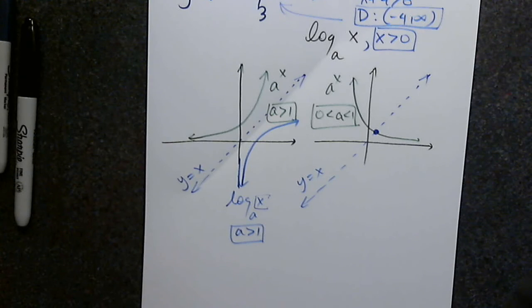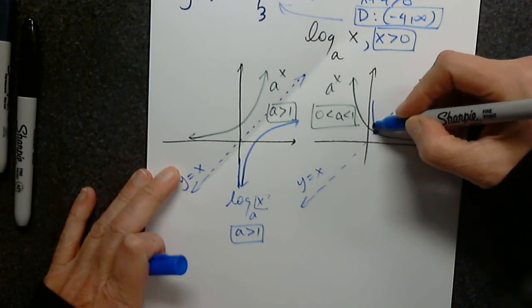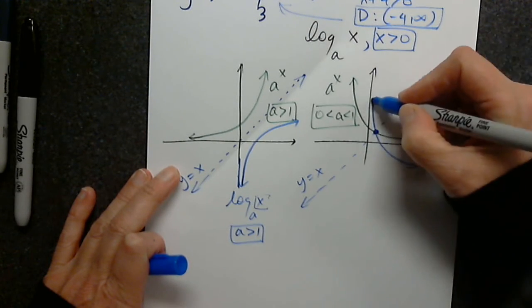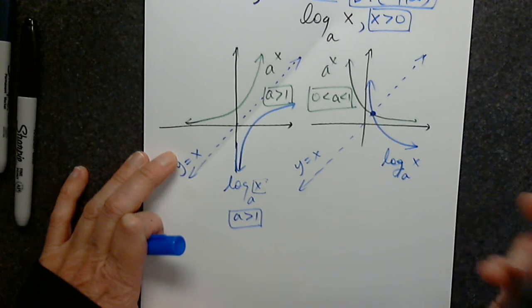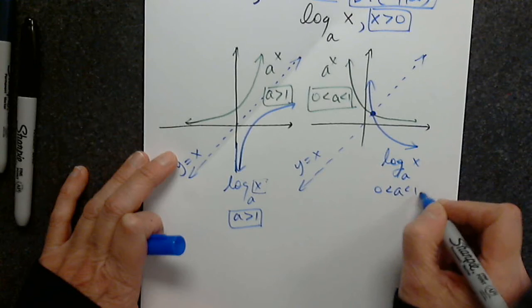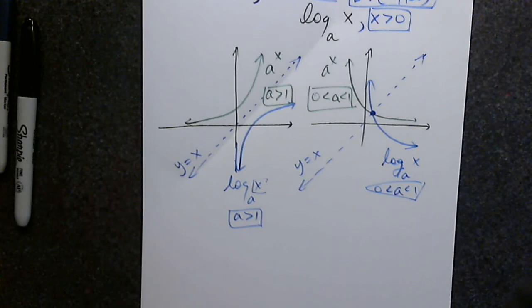Okay, it's not 1, 1, but let's say if this point is 1, 1, please reverse it to give me a point for the inverse. 1, 1. So if the function crosses y equals x at a point, the inverse must cross at the same point. So this is log base a of x with, of course, a between 0 and 1.